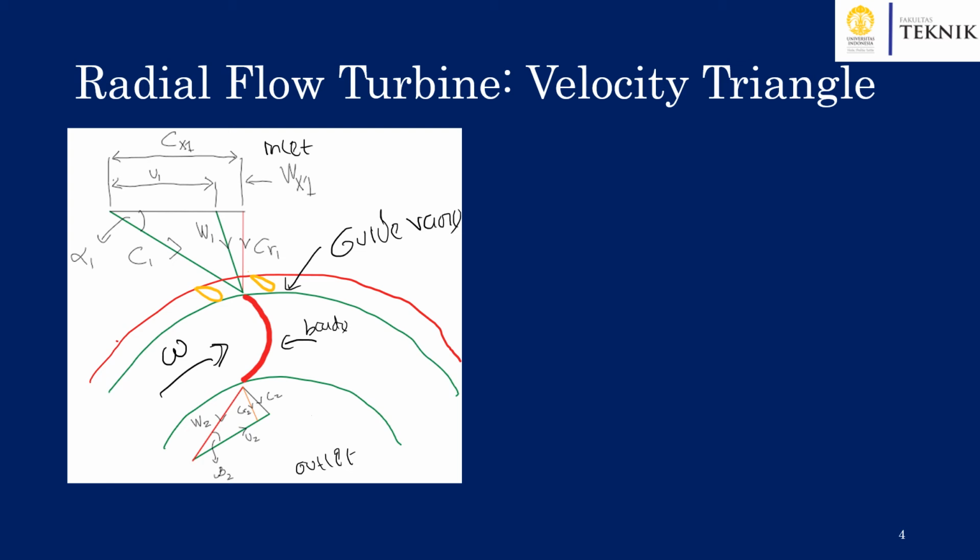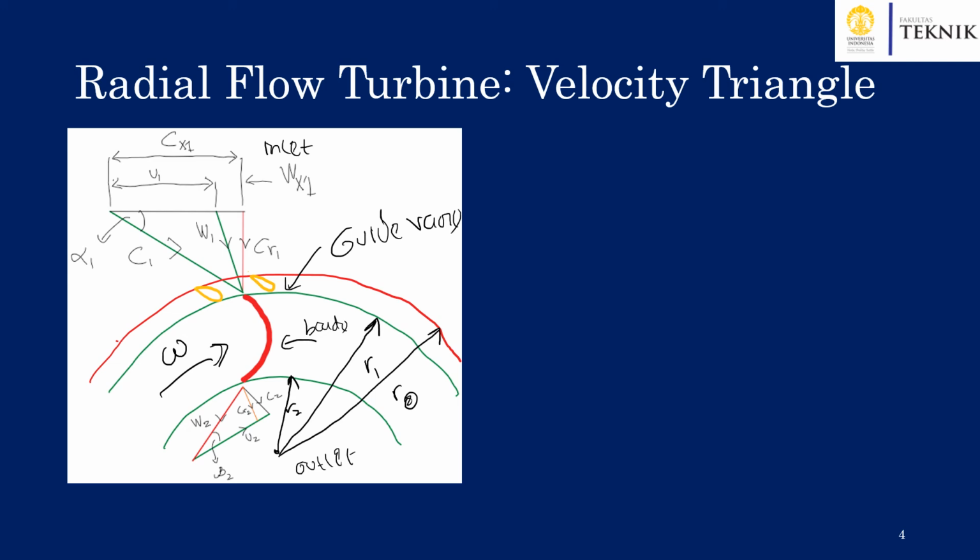Let's say that we have the center point here, we have R2, this is the radius at the outlet, and then we have the inlet radius of R1, and we have the last part as R0 as the conditions between the guide vanes and the blade.